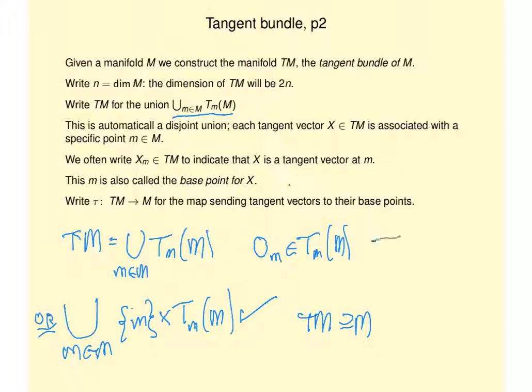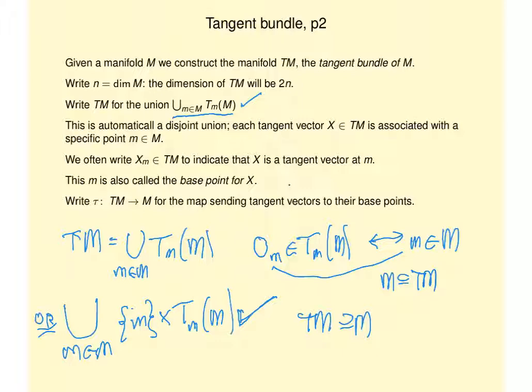But we can also identify it with the point little m of M. And in that way, that enables us to view M as a submanifold of TM. Anyway, I'll work with this picture here most of the time, but if I ever need to emphasize things, then I'll come down to this picture at the bottom of the slide.